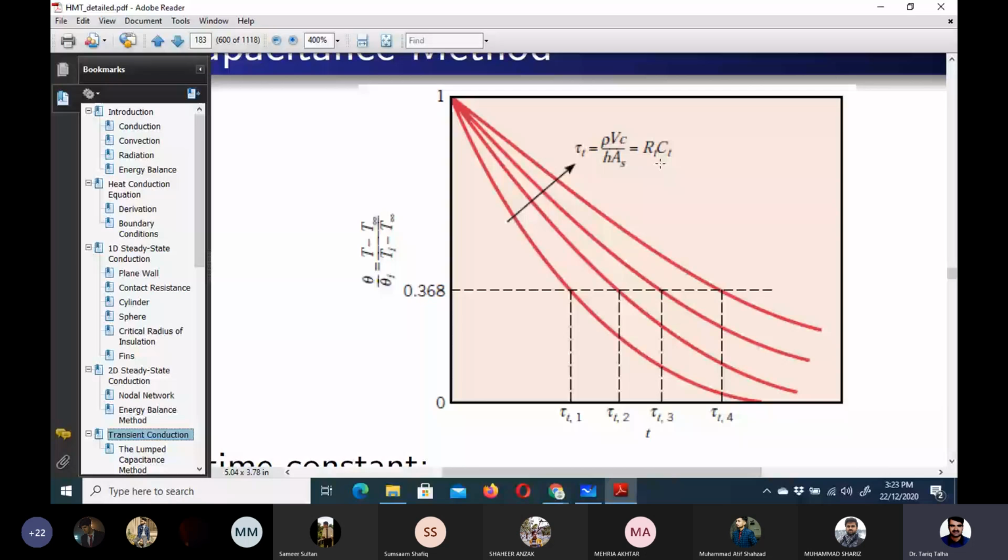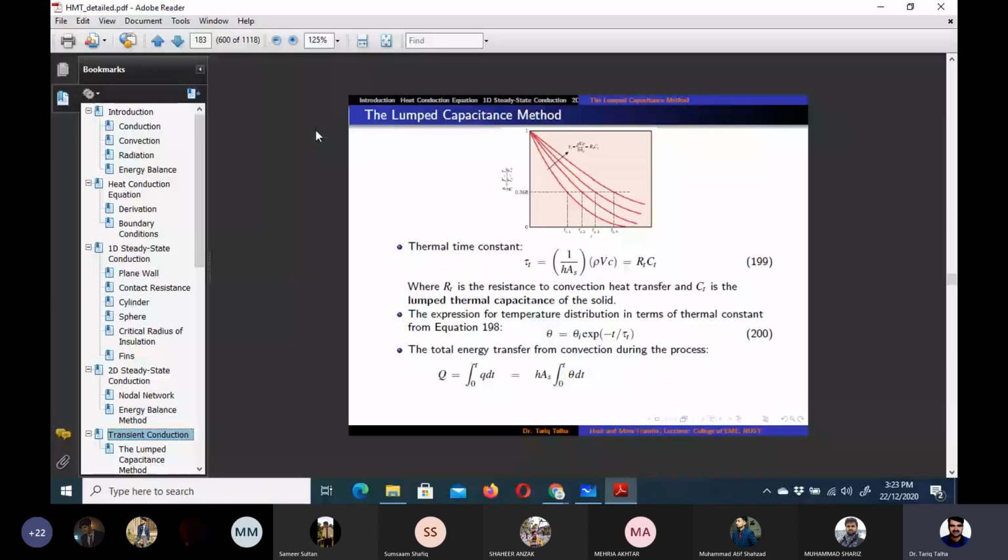Okay. So now let us go back to the slides, whiteboard. So now we have defined up till the equation.